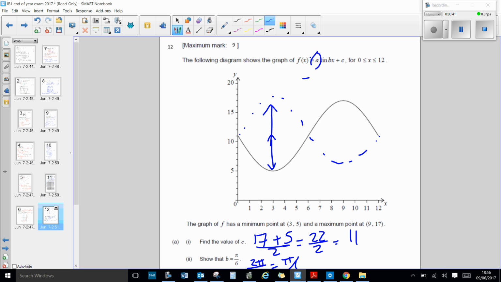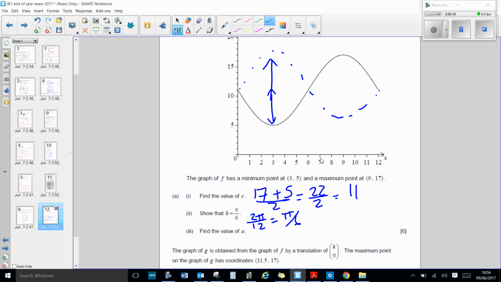We know our maximum is 17 and the minimum is 5. So it's 17 subtract 5, divided by 2. That's 12 over 2, which is 6, but we know it's negative, so our value is negative 6.